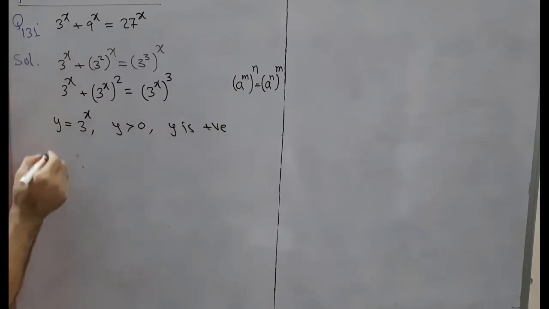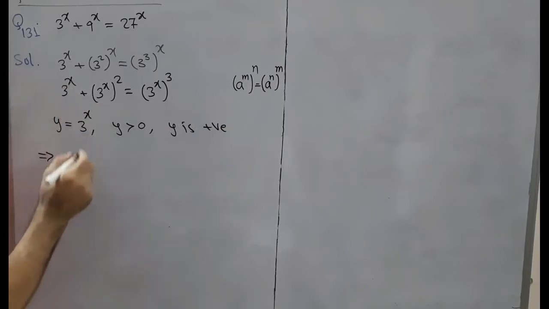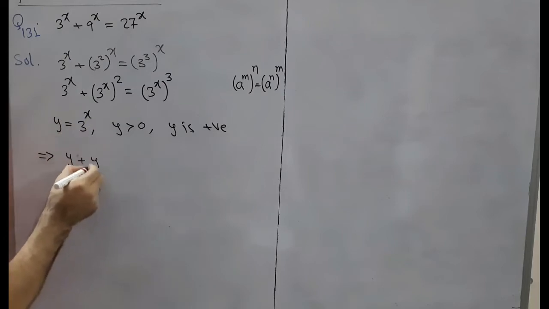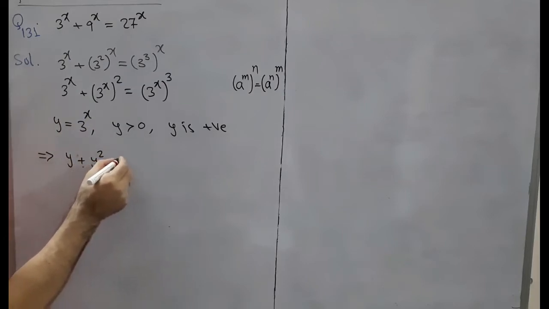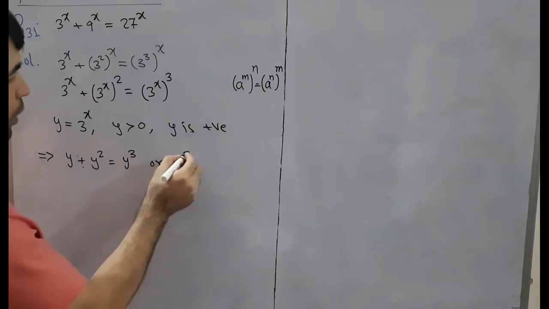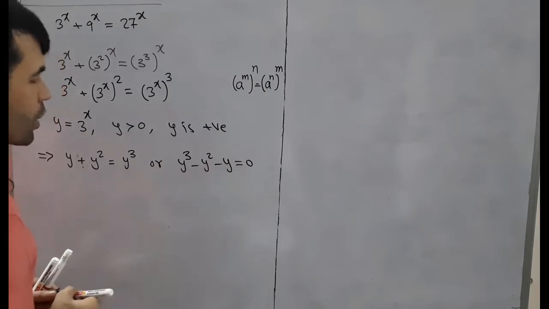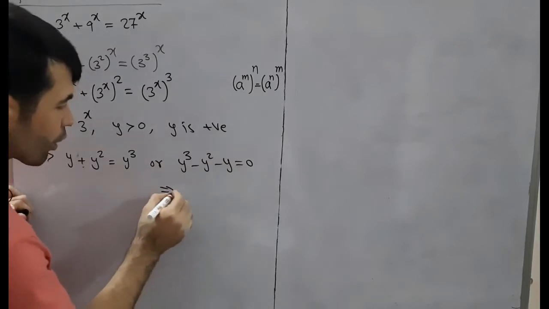Now this implies that instead of 3 to the power x, we can write y plus y square is equal to y to the power 3, or y to the power 3 minus y square minus y is equal to 0.